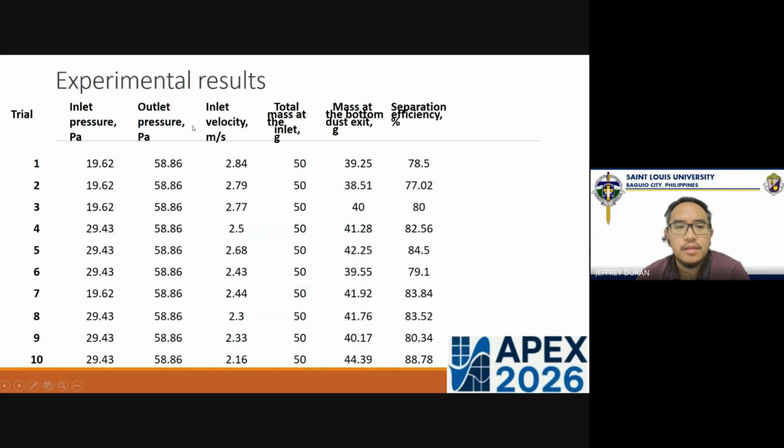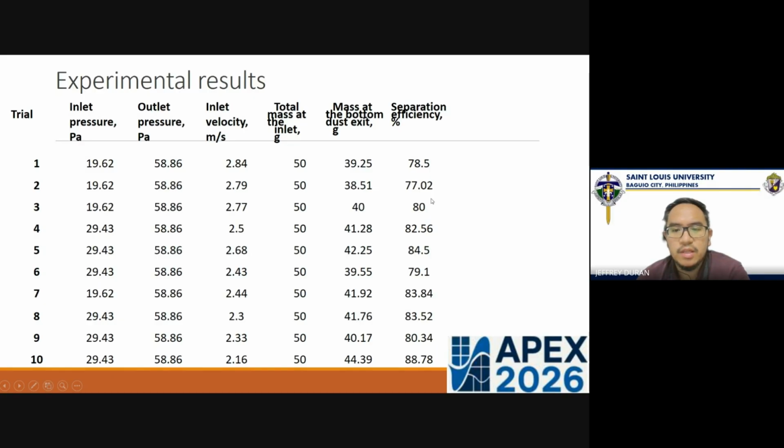Now, for the experimental results, we have done 10 trials, and the average of each trial is given here. So we have the inlet pressure, outlet pressure, up until our separation efficiency.